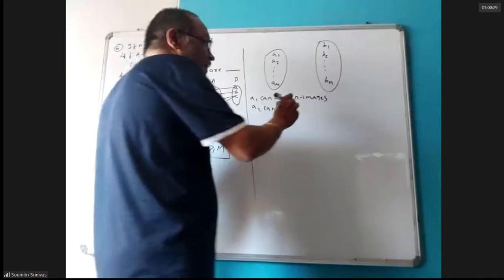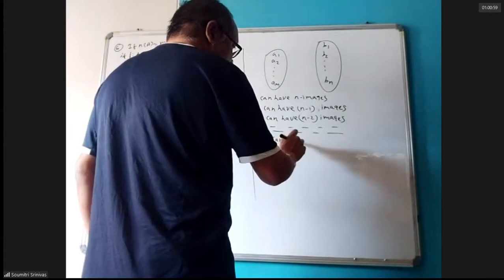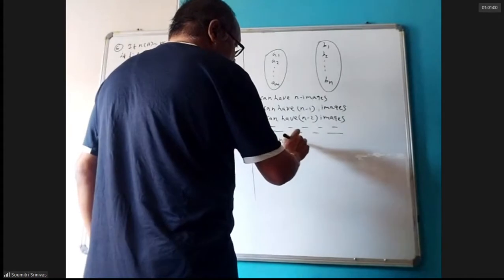Similarly, A3 can have how many images? N minus 2 images. And so on. What's the last term? Am can have: look here, A3 has n minus 2, so 3 gives n minus 2, 2 gives n minus 1.